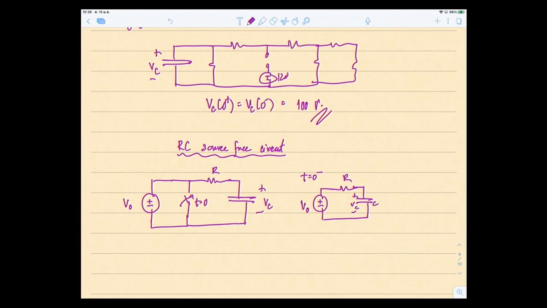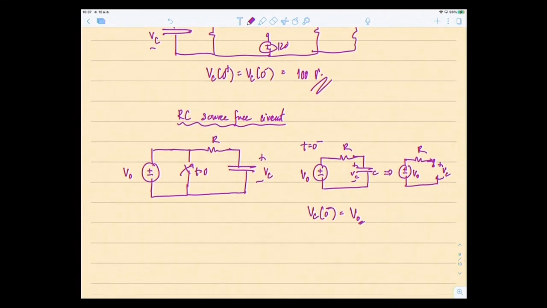At t equal to 0 minus, we assume that the capacitor is fully charged already, so the capacitor acts like an open circuit. So V naught, R, and the capacitor as an open circuit, VC. You can see that in this case, VC at 0 minus is equal to V naught. So there are some initial values in the capacitor.